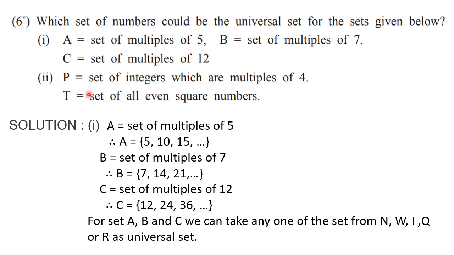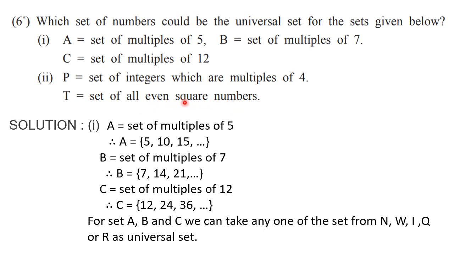Now, similarly, you are going to solve question number 2. P is the set of integers which are multiples of 4. Now integers are given, so you have to write down positive and also negative. Multiples of 4, because they have specified here. And here you have the set of all even square numbers. So you write down even square numbers.